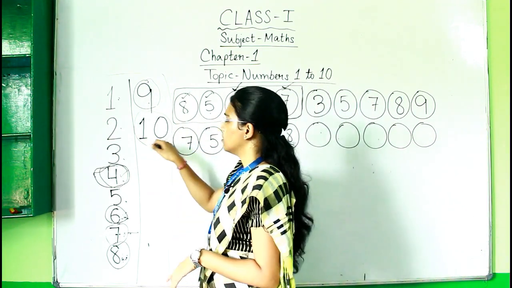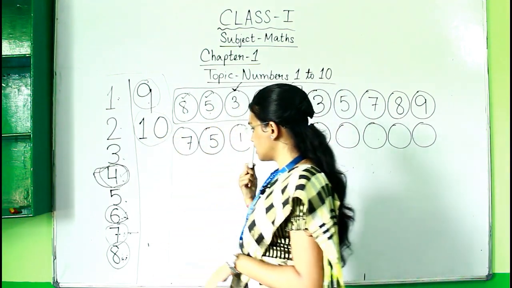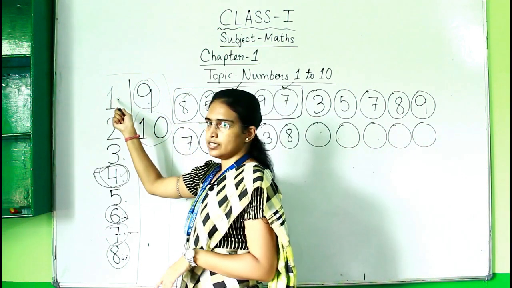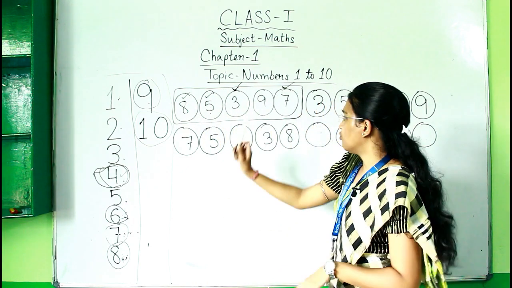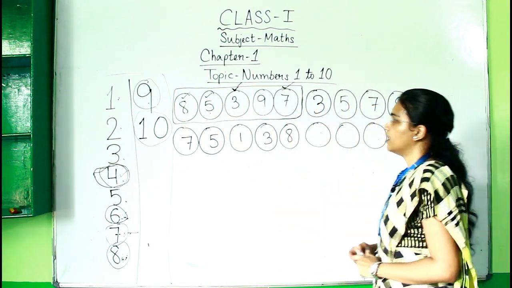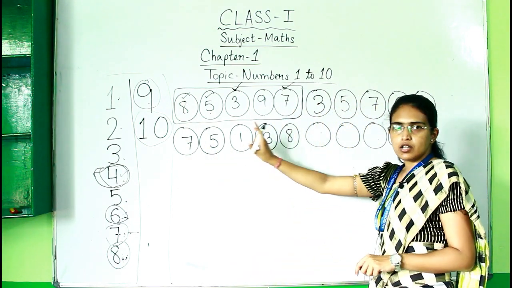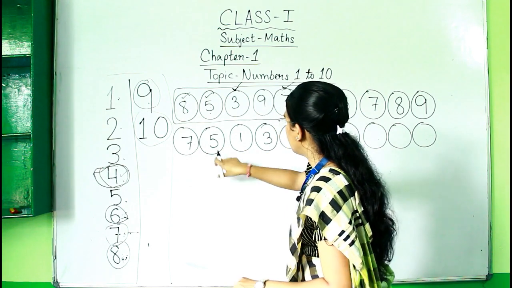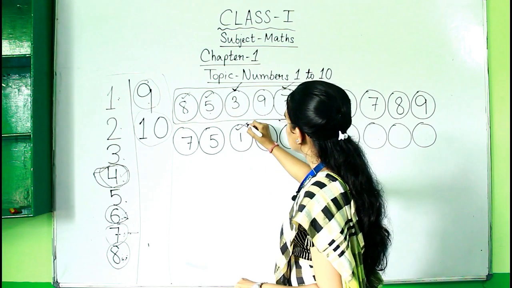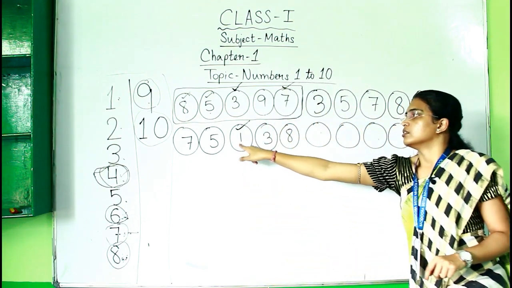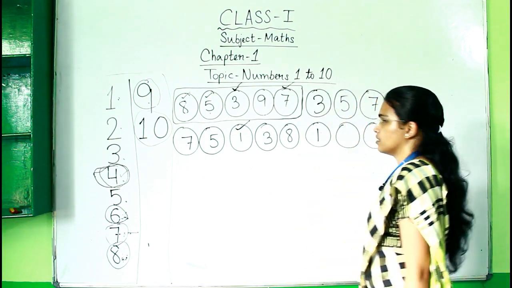This is 1, 0, 10. So where is number 1? Yes, it is here. We have written it at the top of the chart, right? So 1 is the smallest number among these 5 numbers: 7, 5, 1, 3, 8. Among these 5 numbers, 1 is the smallest number. So that's why we have to write 1 first.